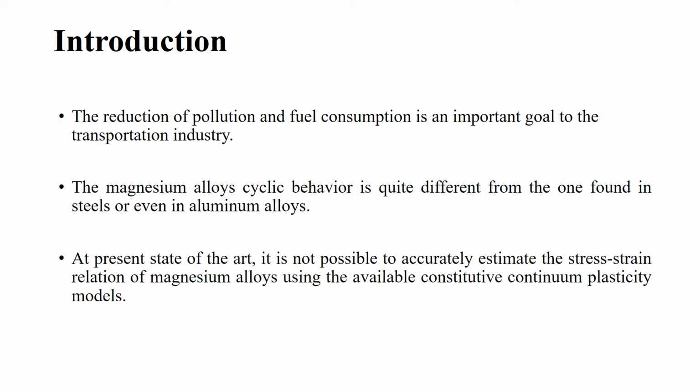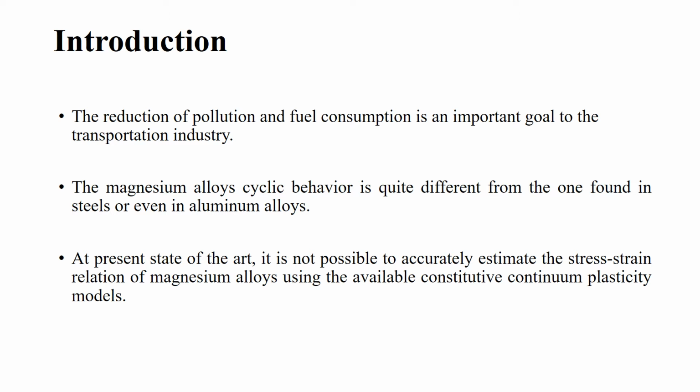One of these differences is the asymmetry found in magnesium alloys in the hardening behavior and in the yield stress at compression and in tension. At present state of the art, it is not possible to accurately estimate the stress-strain relation of magnesium alloys using the available constitutive plasticity models.